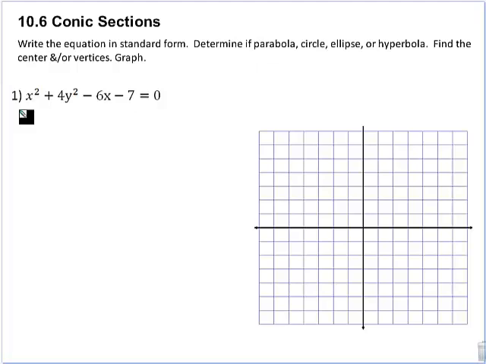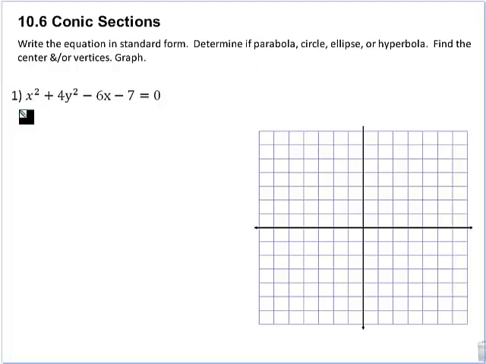But what's different about the denominators? These would have the same denominators where an ellipse would have different denominators. So that's how you tell the difference between the circle and the ellipse: look for what number is attached to the x squared and the y squared. If it's the same number, you would have the same denominator, so you'd have a circle. If it's a different number, you're going to have different denominators, so you'd have an ellipse.